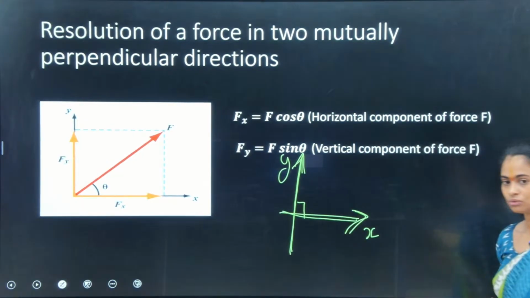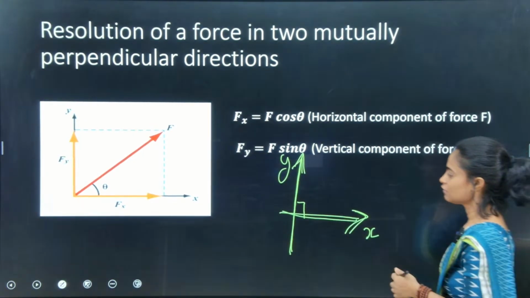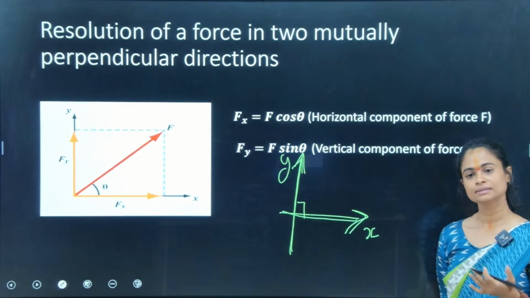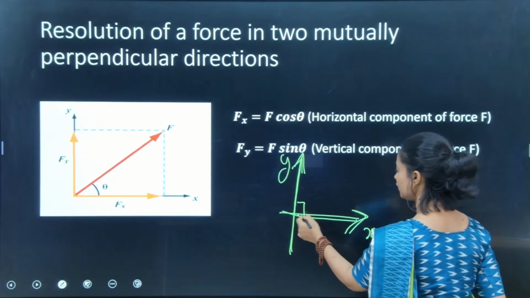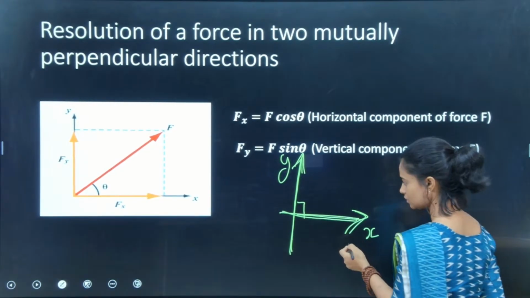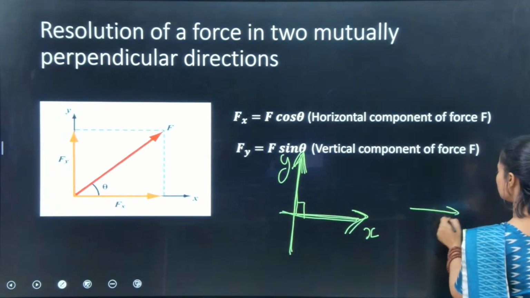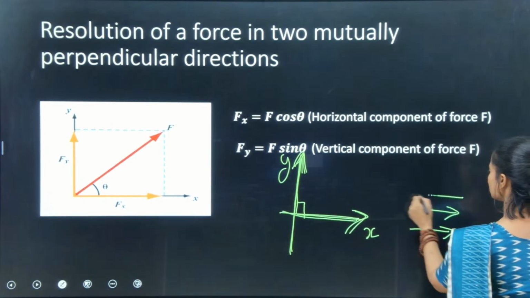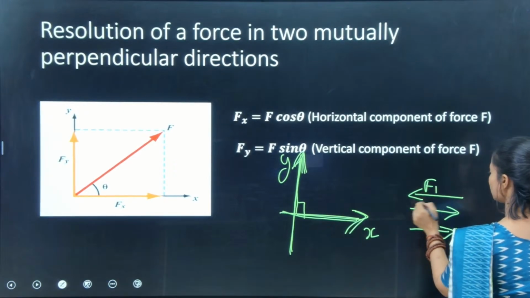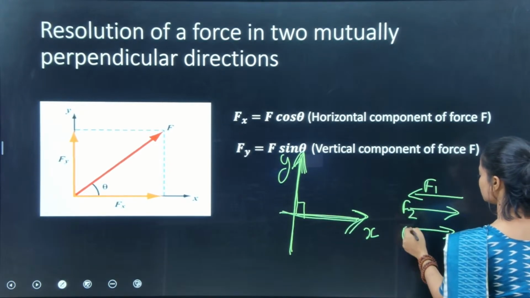Now coming to the forces, forces can be oriented in three ways. Either they will be lying on the x-axis, or they will be lying on the y-axis. So we may find forces like this, some forces F1, F2, F3.